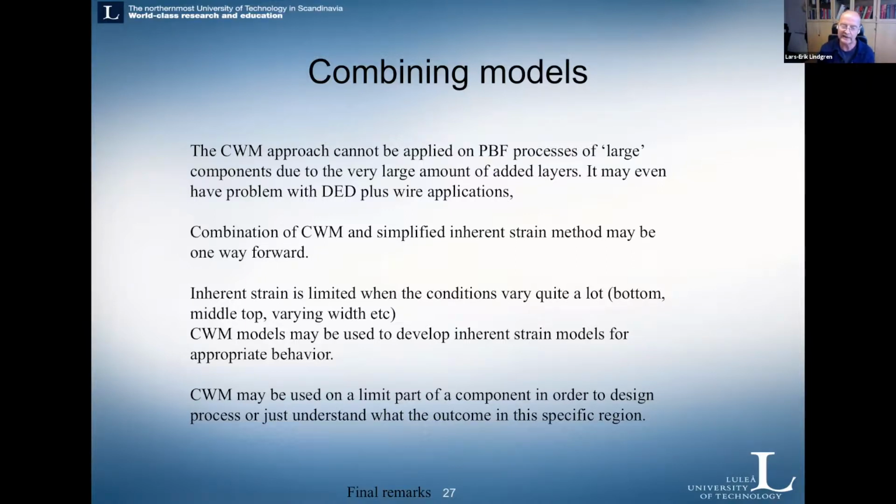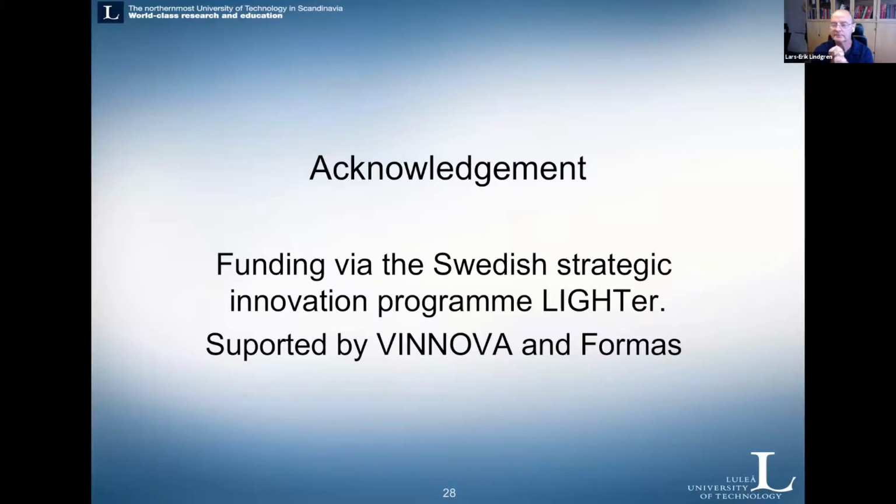You might need to tailor that. I want this kind of behavior in my inherent strain model in this region. And then you could maybe use this kind of more detailed model as a kind of virtual test, where you look at a small part of the structure in order to know how to treat that region in a simplified model on the larger scale. So with that, I'm done.